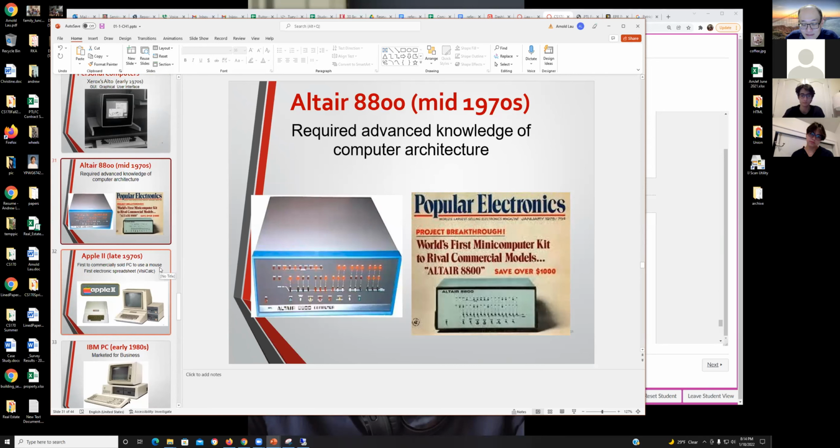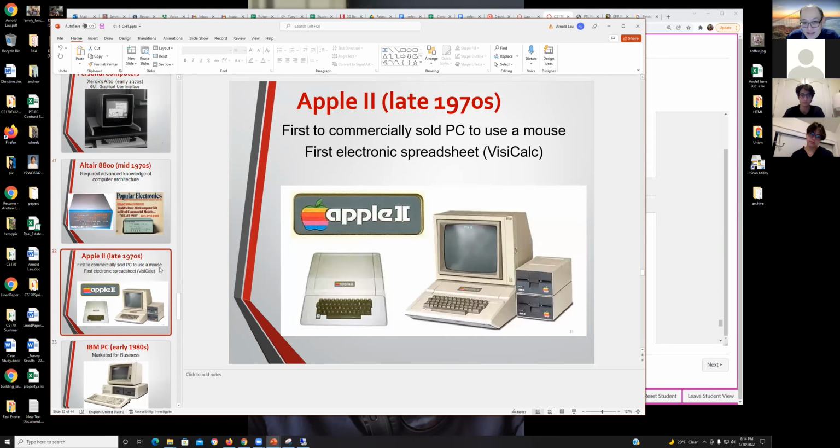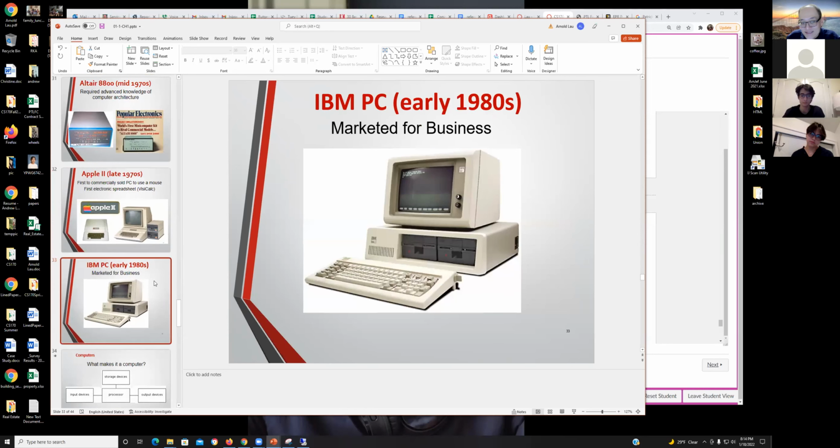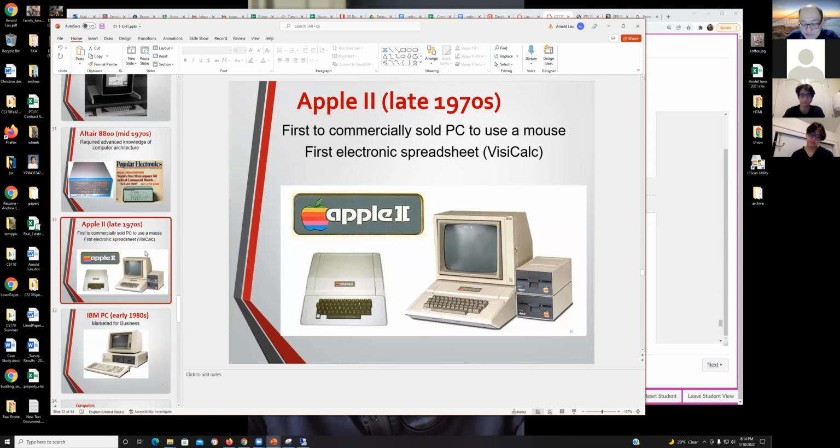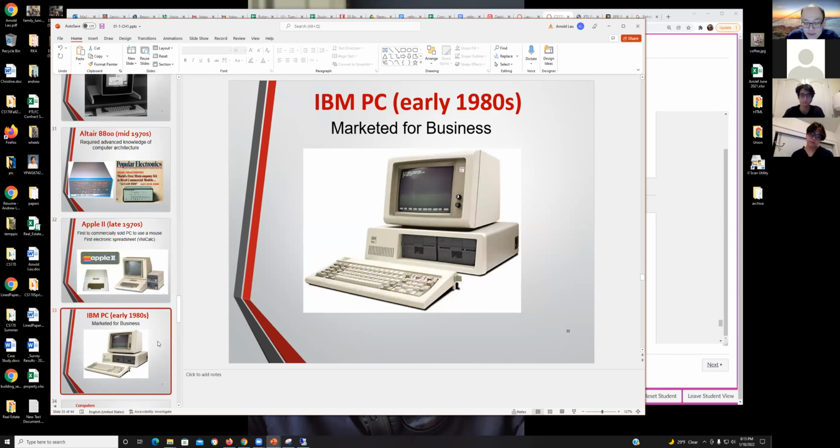Okay, but here's the real breakthrough: things like Apple, and to a certain extent the IBM PC, like this, right? Of course, people will have some disagreement about IBM versus Apple, but these two were the big players really bringing computing to home use.